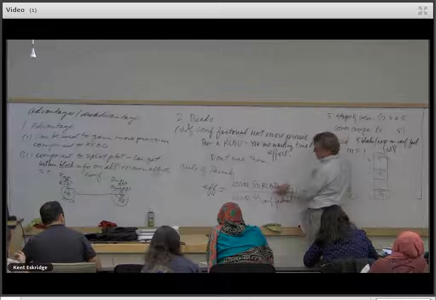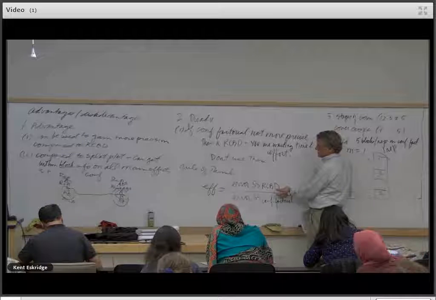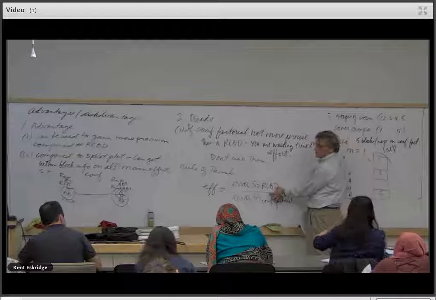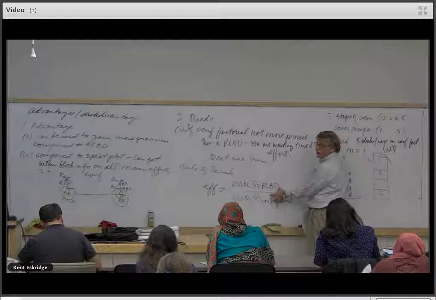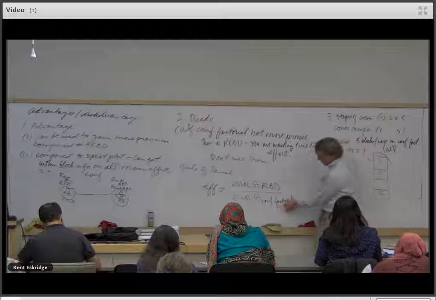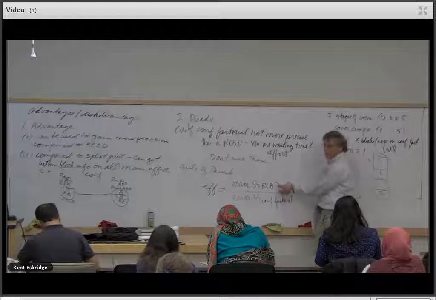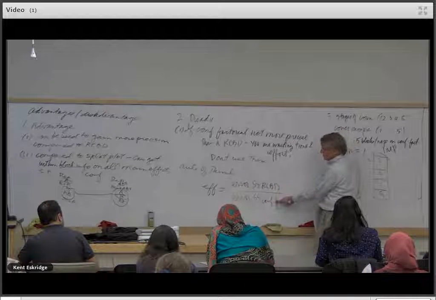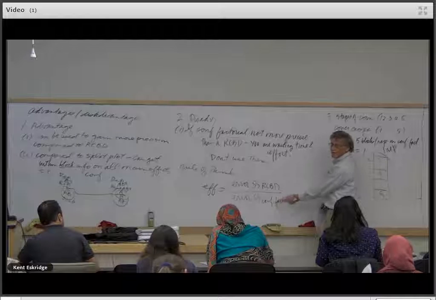Well, if I want to make sure the confounded factorial is worthwhile, do I want this EFF value to be large or small? It's a ratio now.